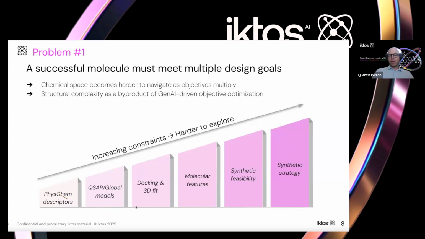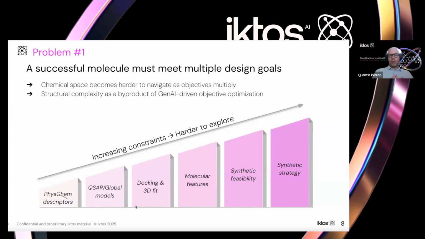Then all those constraints together, you are targeting molecules which are feasible, of course, but on top of being feasible, you want to be able to define a certain strategy in terms of chemistry, in terms of retrosynthesis, in terms of key intermediates. So as you can see, you have a lot of constraints to fulfill in order to have a nice structure.